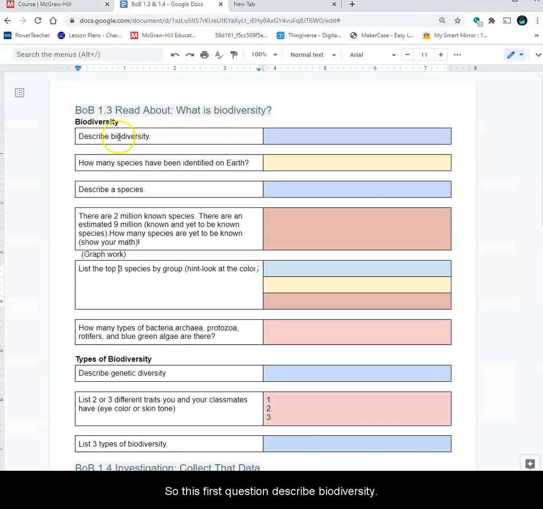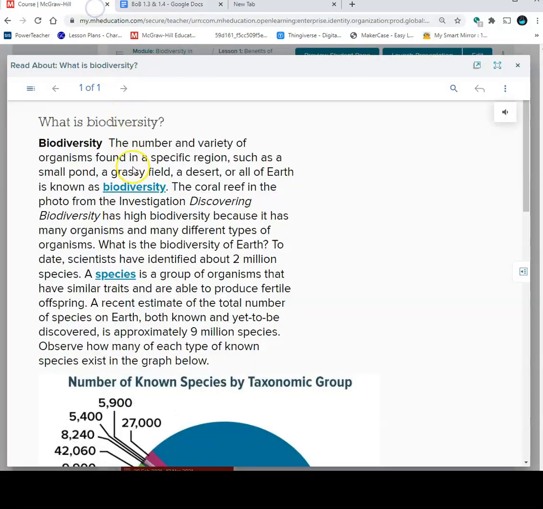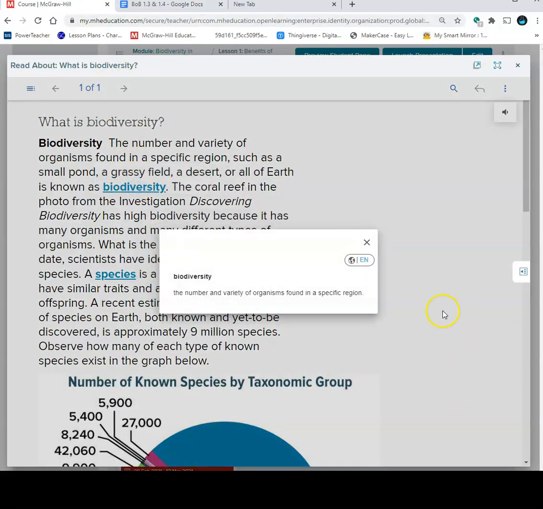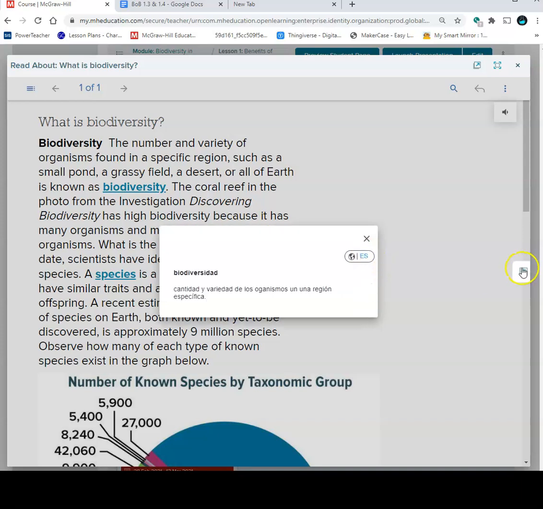So this first question, describe biodiversity. Look at it right there. It's any number of and variety of organisms found in a specific region. In the last lesson, we did have that opportunity to look at two different photos.